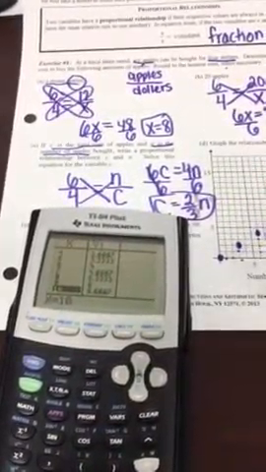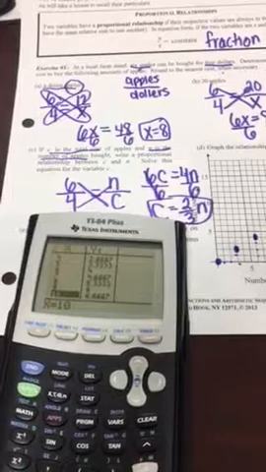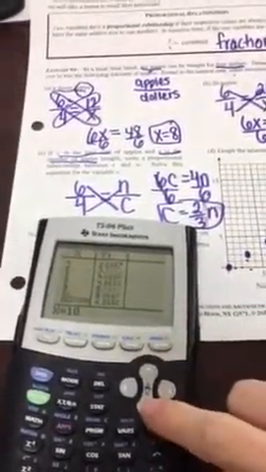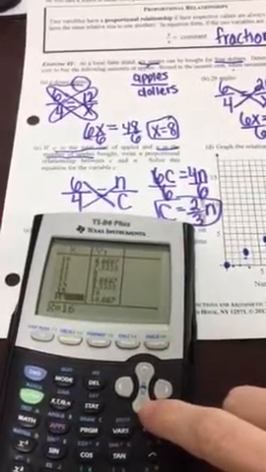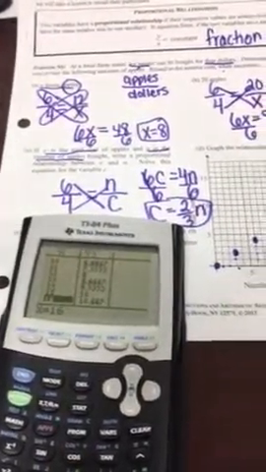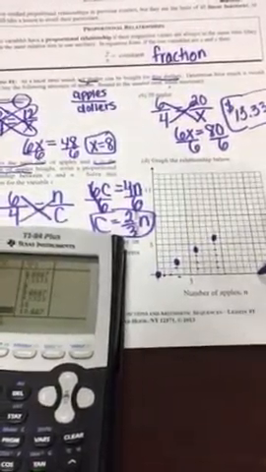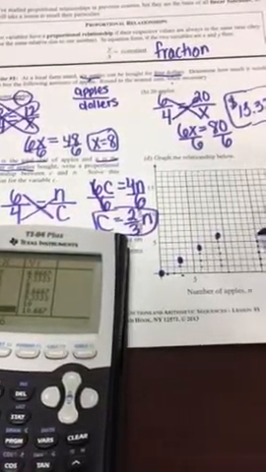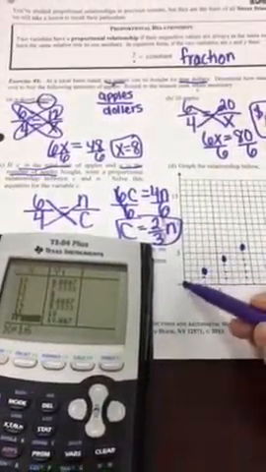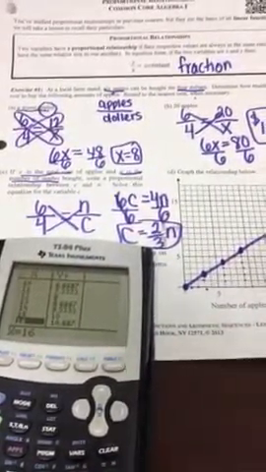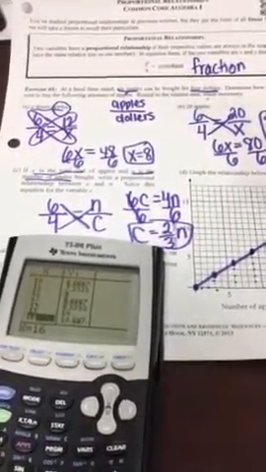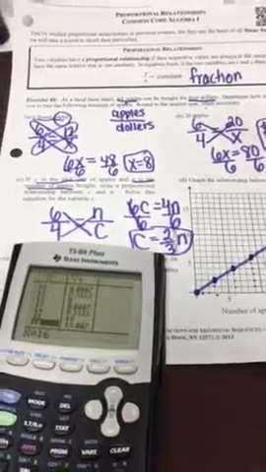So over to 9, up 1, 2, 3, 4, 5, 6. Maybe let's skip all the way down and get a bigger one. Let's do about 15, 10. Over 15, and up 10. 1, 2, 3, 4, 5, 6, 7, 8, 9, 10. Let's connect those. Let's label it. What was our equation? C equals 2/3 n.